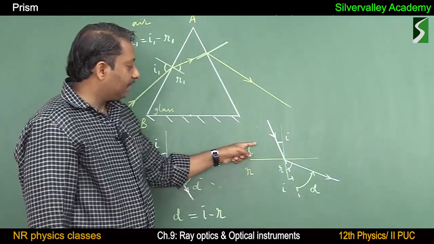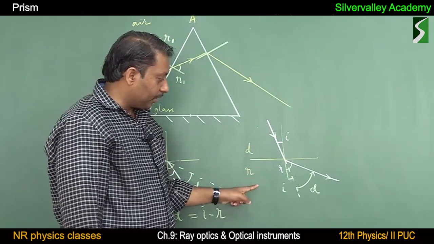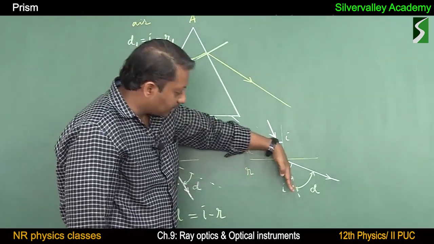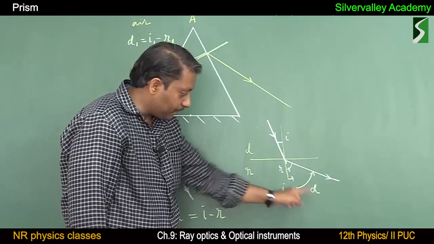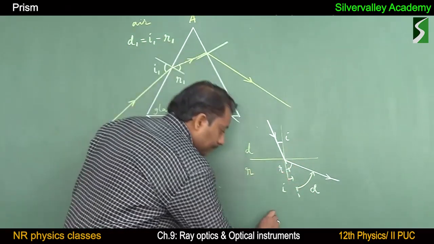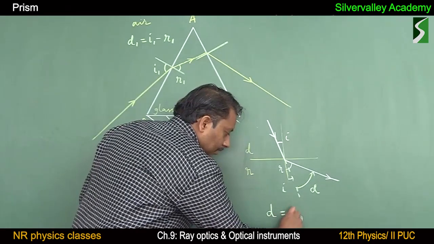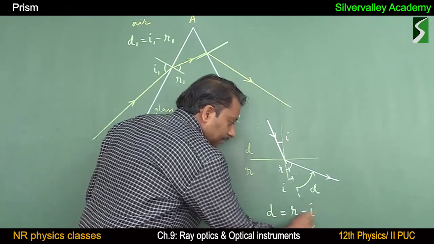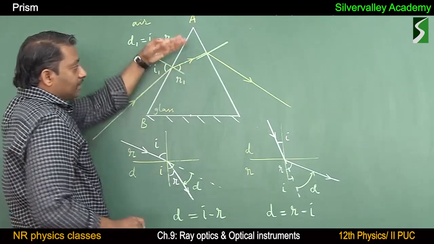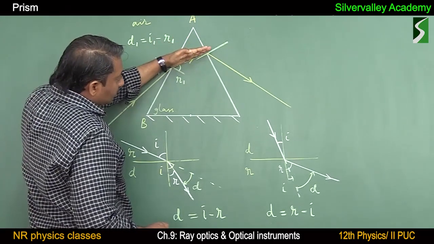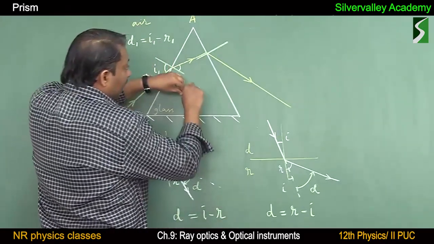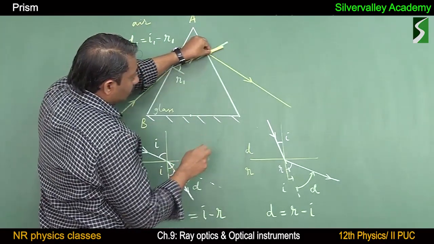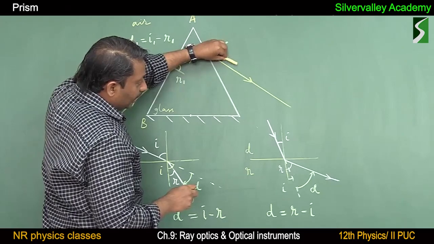So when light ray travels from denser medium to rarer medium, the light ray bends away from the normal. As a result, deviation is given by r minus I. So in this case, light is traveling from denser to rarer. So the light ray is bending away from the normal. It should travel straight, but it is bending away.